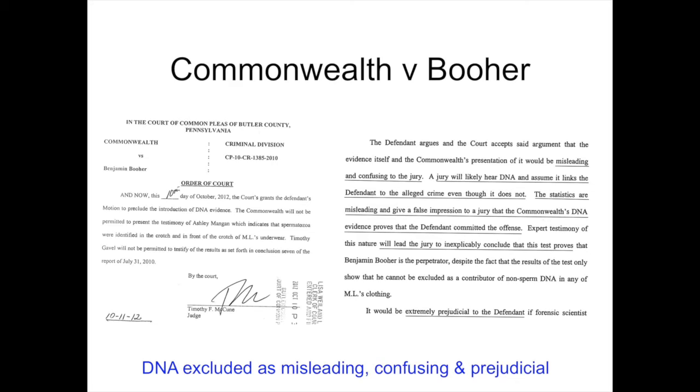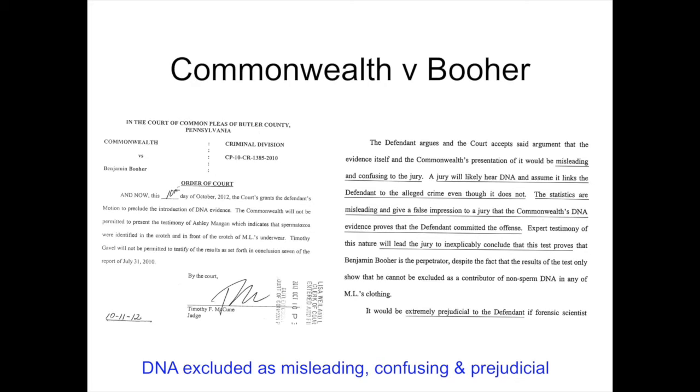The main type of DNA was called YSTR. This is DNA that's passed along paternal lineage. So it's whatever you've inherited from your father or your grandfather. What made that interesting is that there were only 5 men in the house that night, and all of them shared the same grandfather. So they all had the same YSTR profile, and the DNA couldn't have distinguished between any of them, even if a crime actually had occurred.